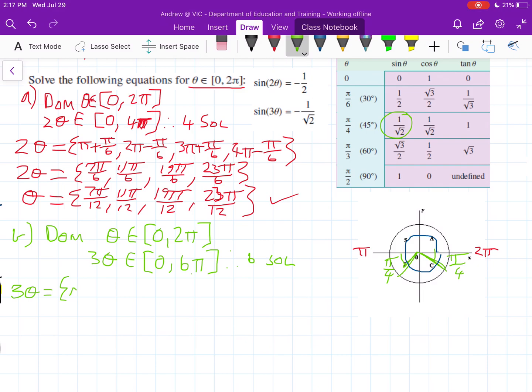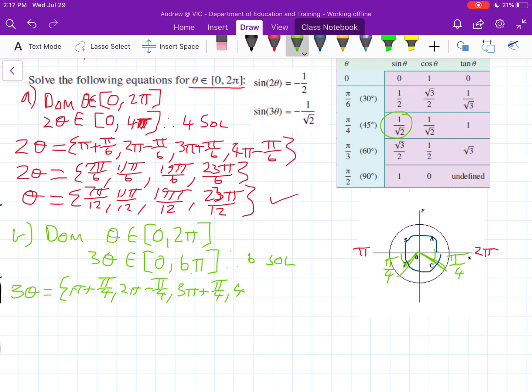We've got pi plus pi on 4. Then we'll have 2 pi minus pi on 4. Then we'll have 3 pi plus pi on 4.